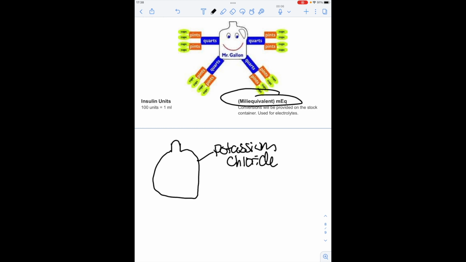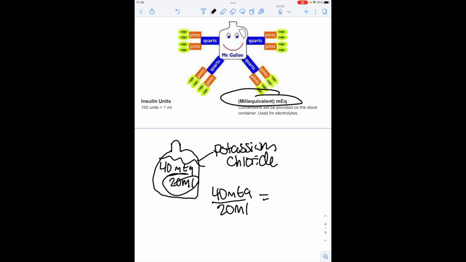We'll say that it is 40 MEq per 20 milliliters. If you're trying to find out how many MEq is in part of this vial, let's say this whole vial is this 20 milliliters. If you want to know how much is in part of it, you can do that using ratio proportion. So an example of this would be 40 MEq over 20 mL are given.